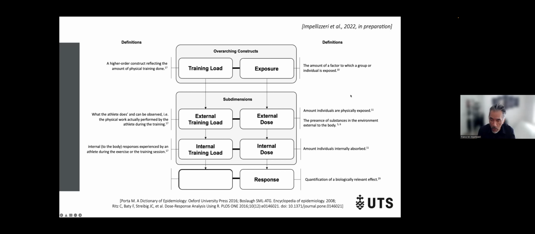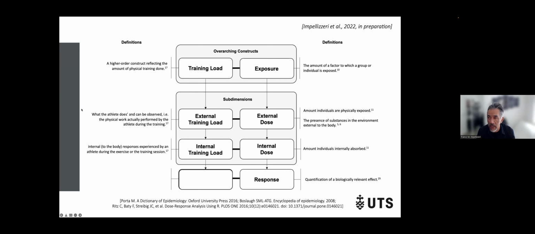Why is this conceptually similar? Because you can expose two persons, I start with epidemiology, to the same amount of pollution, but given individual characteristics, the quantity that is absorbed internally may be different between individuals, even with the same external exposure.